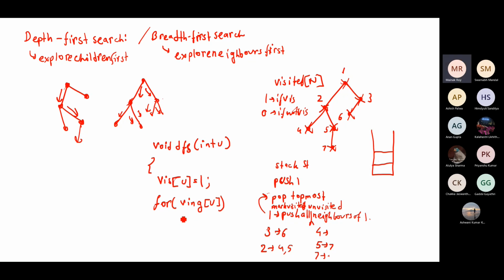For v in g[u], if we have visited v, of course we will not push, just continue. But if we have not visited v, then we call DFS again on v.